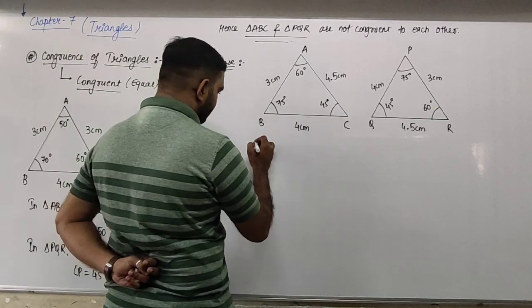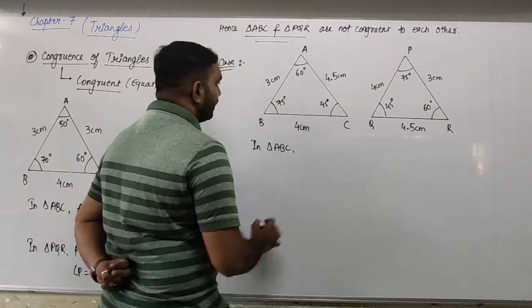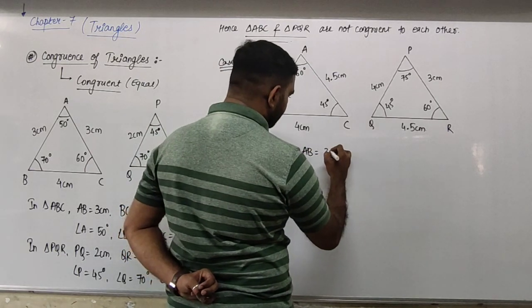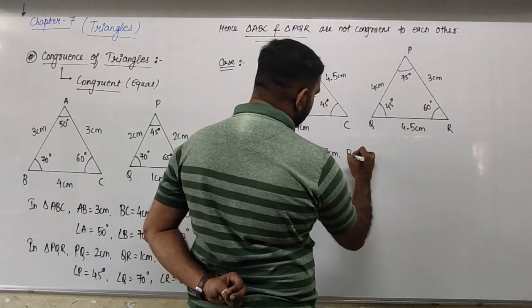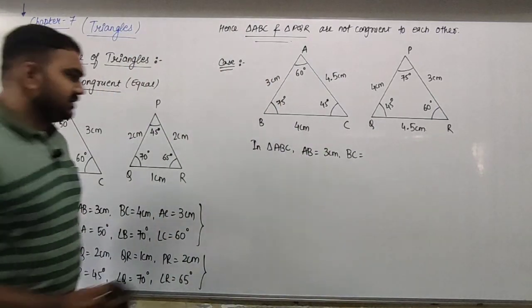So here in triangle ABC, AB is equals to 3 centimeter. BC is equals to, okay, let me write down in a pattern like this.